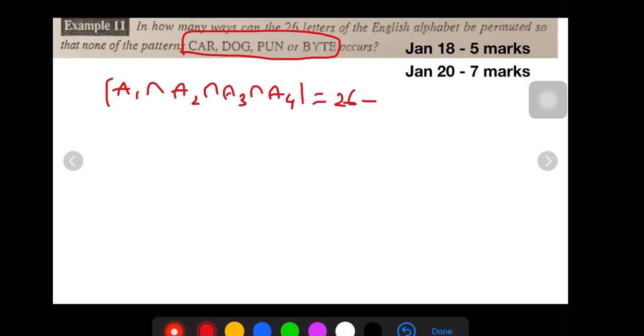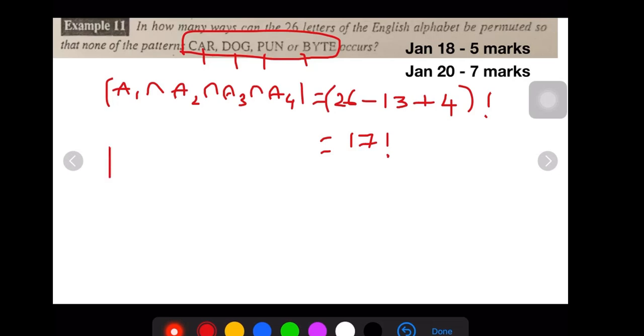Totally there are 13 characters. Remove that, plus include each one as an individual pattern. So add 4 to that, and that factorial. It becomes 17 factorial.